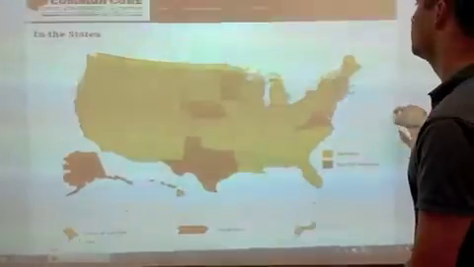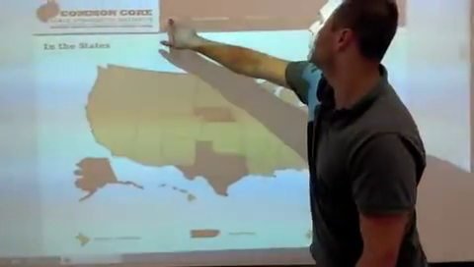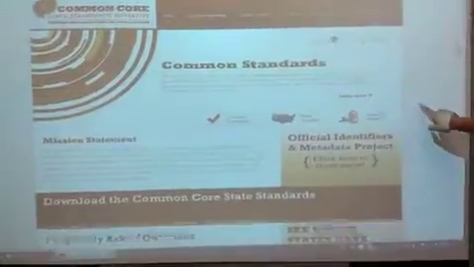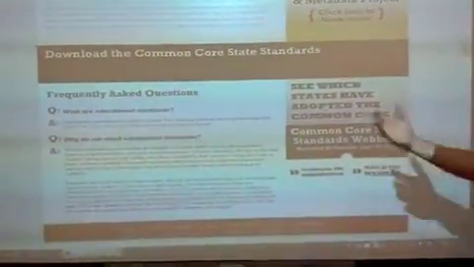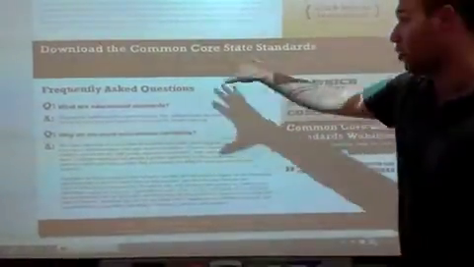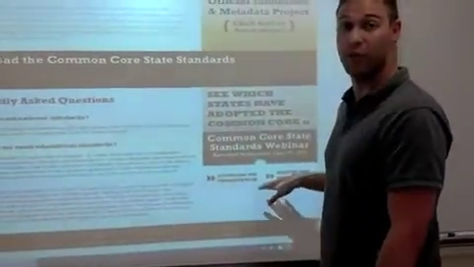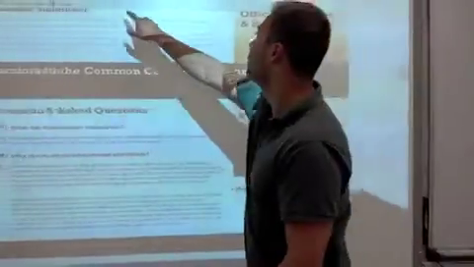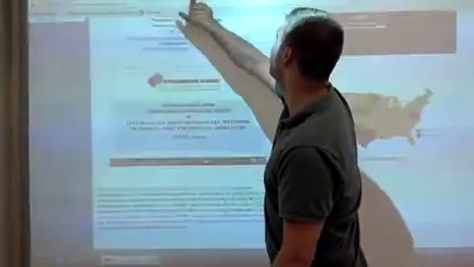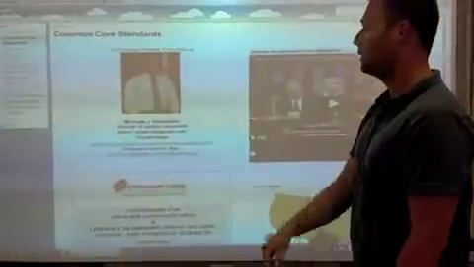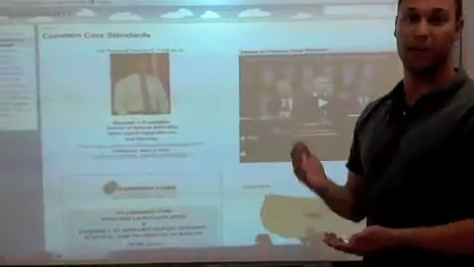That's in the orange. And on this website, you could do everything such as downloading that presentation, learning more about the Common Core standards, and also watching a webinar on the Common Core standards. Well, that's my webpage on Common Core standards.